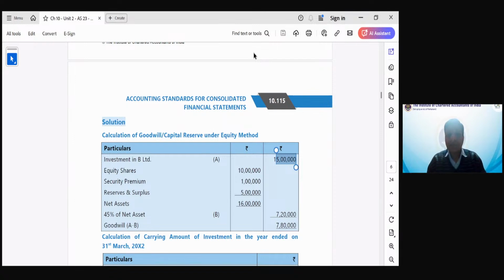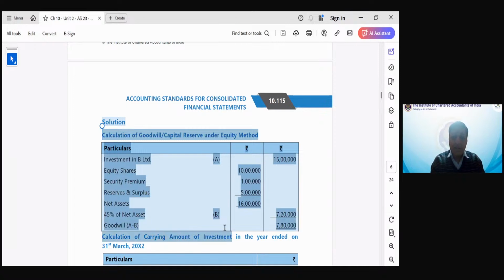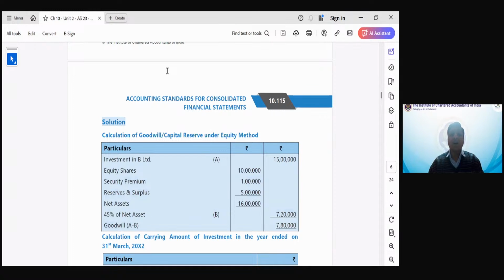See, this calculation currently, which we are looking at, is on the date of acquisition. Please understand, the question requires us to show how this accounting treatment will be completed, and then you'll have the balances as at the year end.